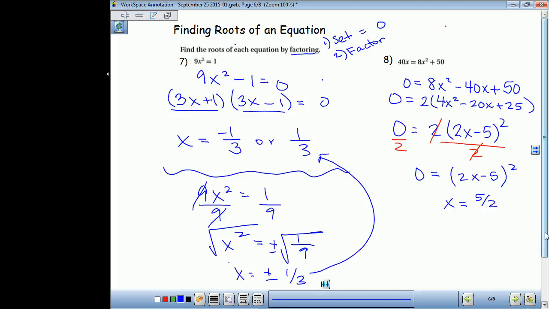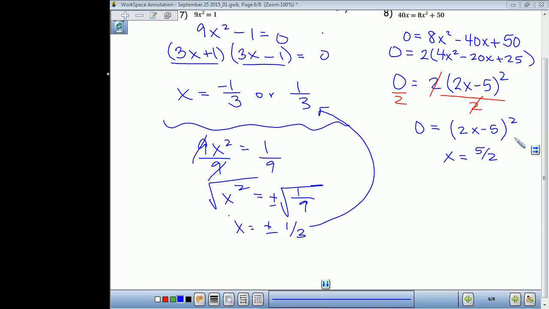5 halves. Now, if it had been a function and not just an equation, what would that 5 halves represent? It's an x-intercept, isn't it?